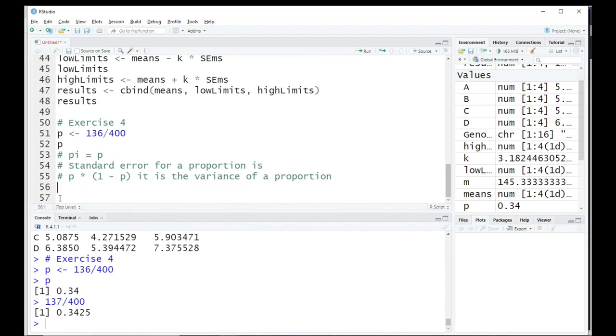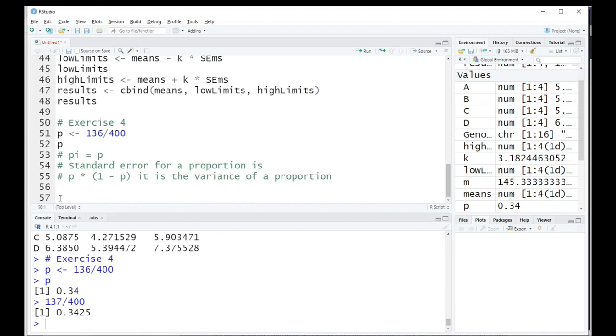So what we have to learn is that every statistic has a different formula to calculate the standard error. For the mean, we use the standard deviation divided by the square root of the number of replicates. Here, for a proportion, we use another formula.